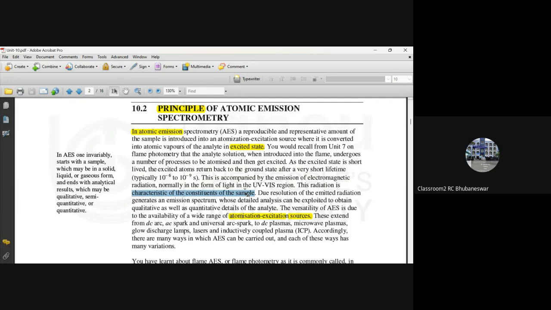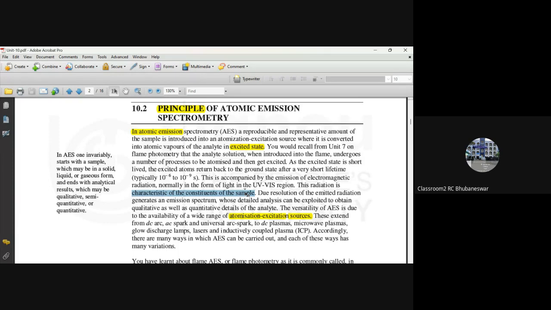In box A the environment may be different, and in box B the environment may be different. While taking the excitation or emission spectra, whether the absorption spectra or emission spectra, you will get them in a different way for the box A sample and the box B sample.